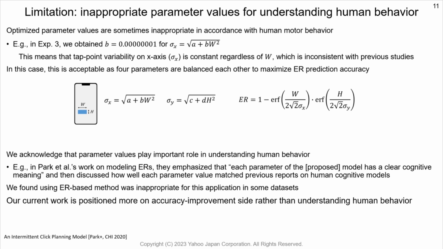Because our goal is to obtain a good accuracy to predict error rates, this result is acceptable. But we are aware that parameter values play an important role in understanding human behavior. Some previous studies have claimed that the optimized parameter values are consistent with existing reports on human cognitive models and performance models. So our current study is positioned on the accuracy improvement side.